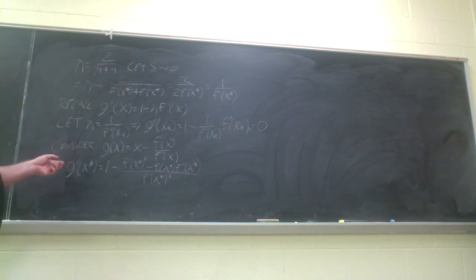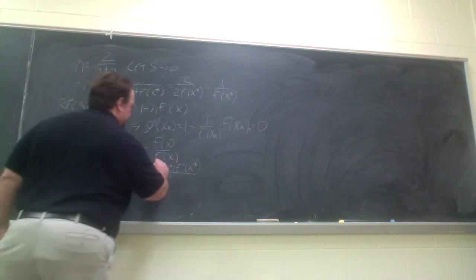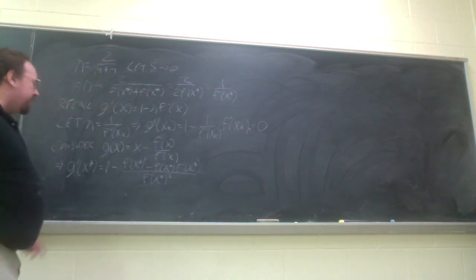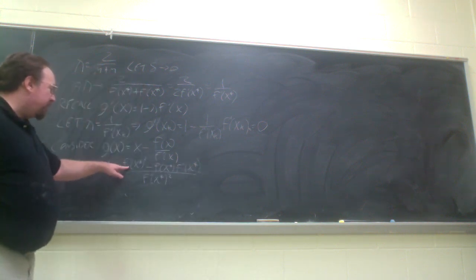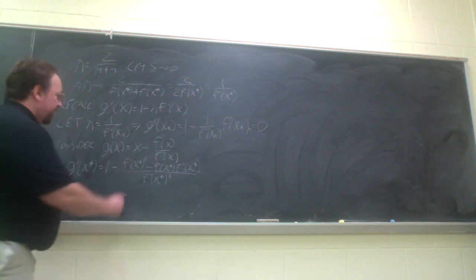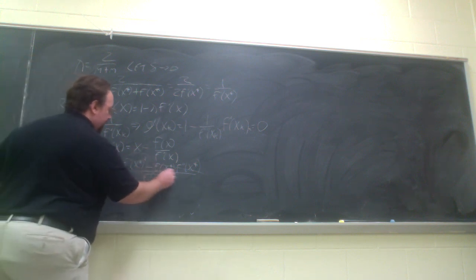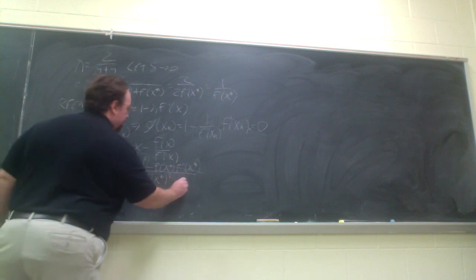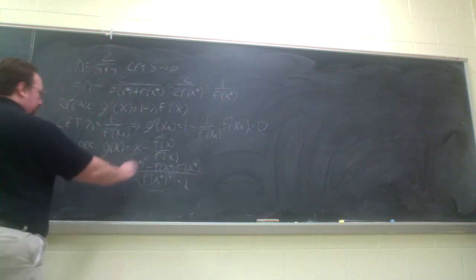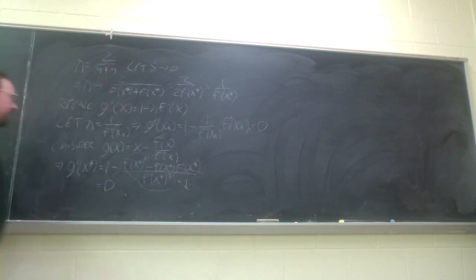Let's simplify this. F is equal to 0 at x star, so that is gone. And what's left? 1 minus f prime squared over f prime squared. So this part simplifies to become 1, so we get 1 minus 1 is 0.